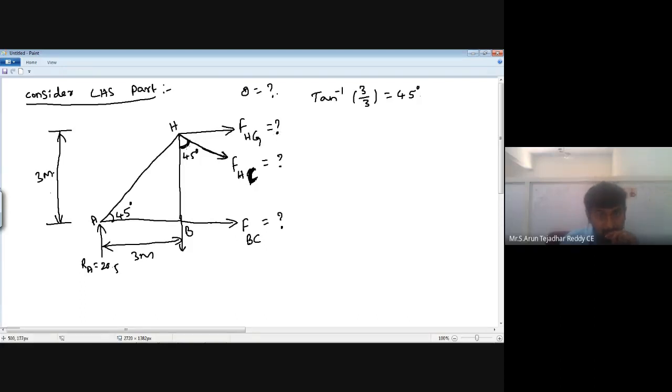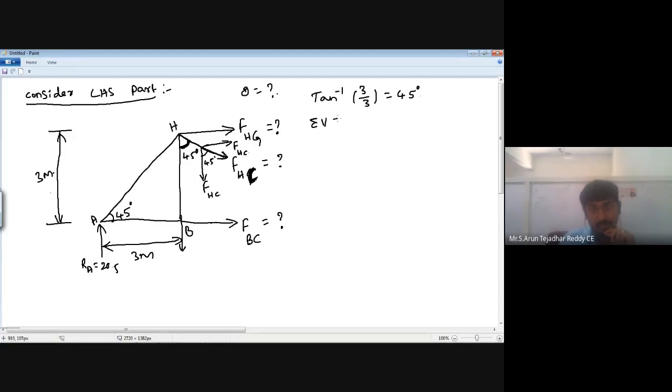Where your member is acting, draw one line. Then your angle here is 45 degree. This is the vertical component of FHC. Next, draw the horizontal line, the horizontal component of FHC. Now apply equilibrium equations.